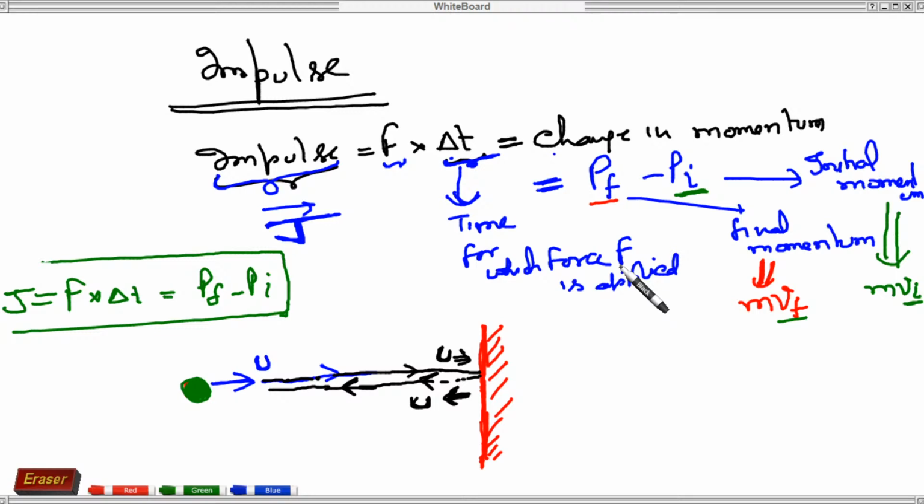But for the time being, consider this thing only: after collision this ball comes back with the same velocity. It strikes the wall with velocity u, and after that it comes back with the same velocity u. Suppose the mass of this ball is m.